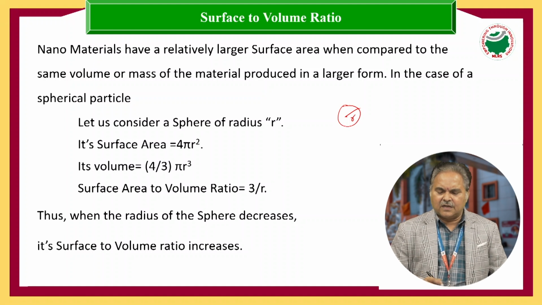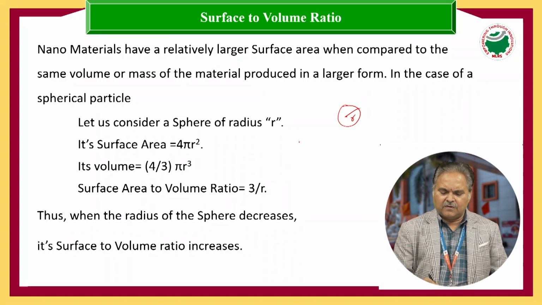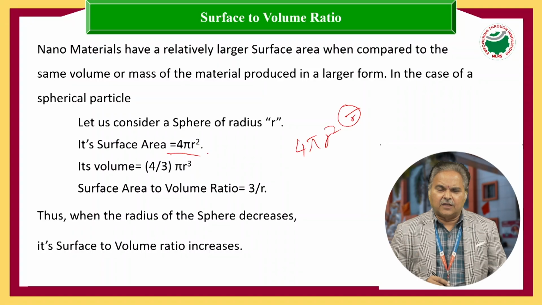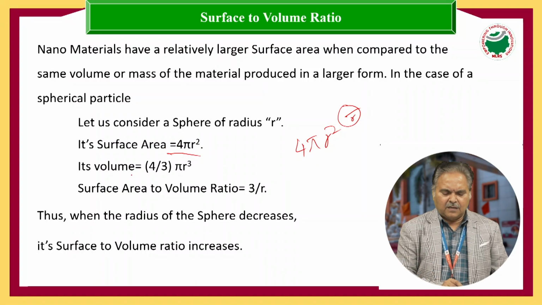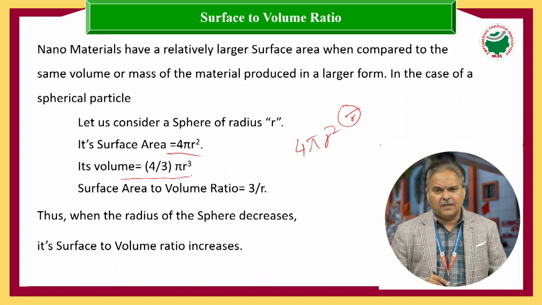How is its surface area calculated? The sphere surface area is 4 pi r square. Similarly, the volume is 4 by 3 pi r cube.